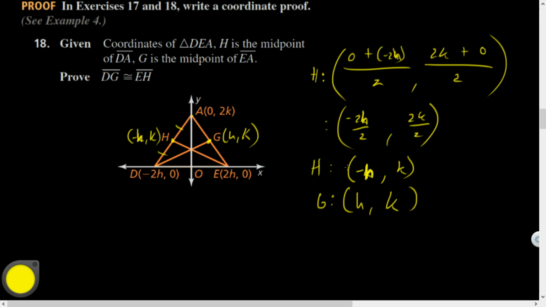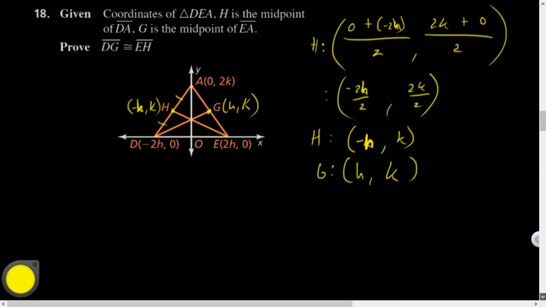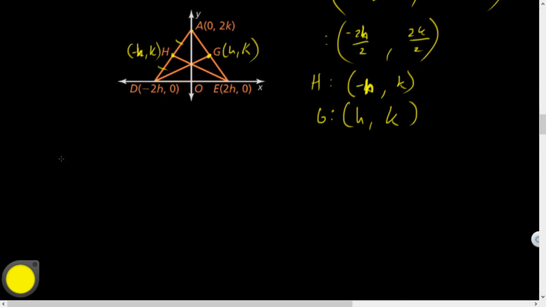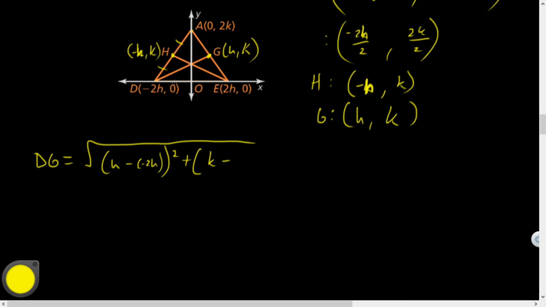Yeah, so let's find the length of DG. D to G. Let's see if I can do that. So this is going to be some distance formula. Actually, this is a number, so I can use an equal sign. So let's see. I'll do x2 minus x1 squared plus y2 minus y1 squared.